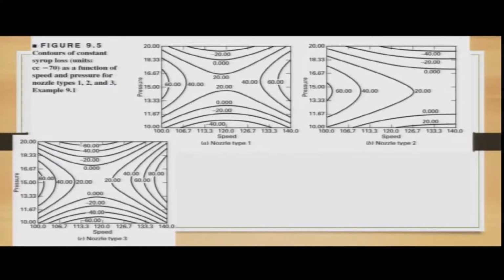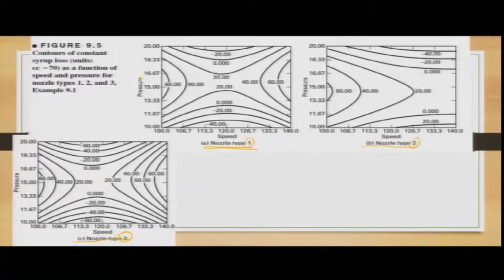If you see the diagrams here, this was basically a nozzle of type 1 of a certain dimension, this is a nozzle type 2 of a certain dimension, and this was a nozzle of type 3 of certain dimension, and the contours basically were plotting pressure and speed. Let me highlight the pressure and speed once more.